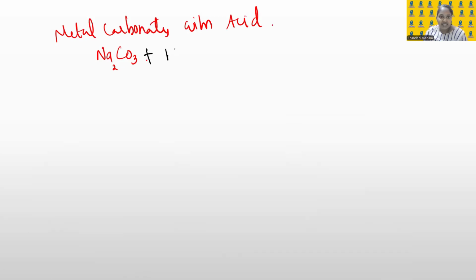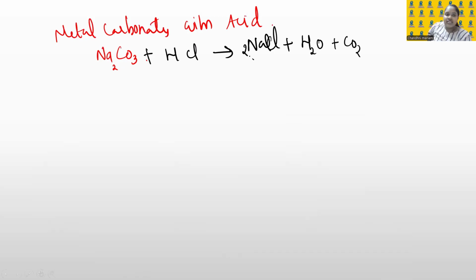We will take HCl here. What will we get? We will get NaCl plus H2O plus CO2. So this is the reaction that we get. What is this NaCl? Again, this NaCl is a salt, right? And this is water and this is carbon dioxide.